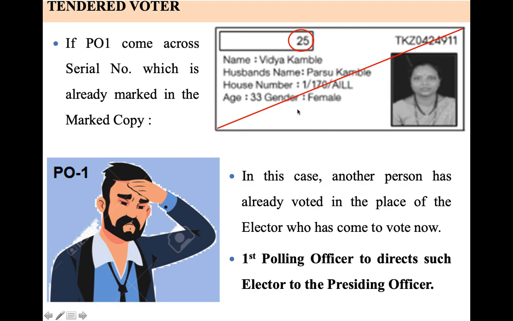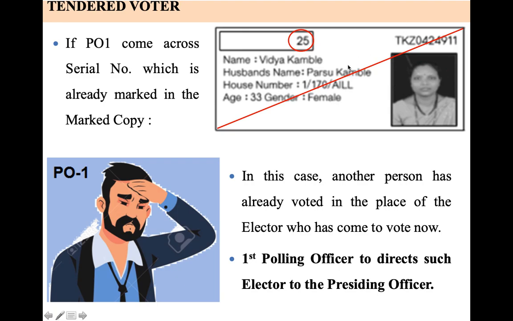After some time, another person comes and claims that she is Vidya Kamble. What can the polling officer do in such cases? Polling officer 1 will direct this elector to the presiding officer, and the presiding officer will decide if the claim made by this second person is true or not.